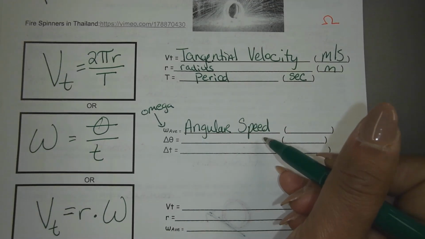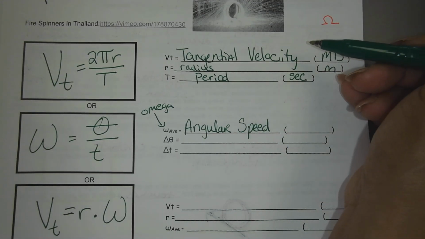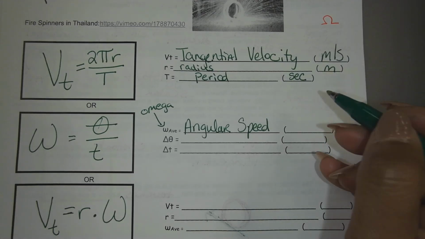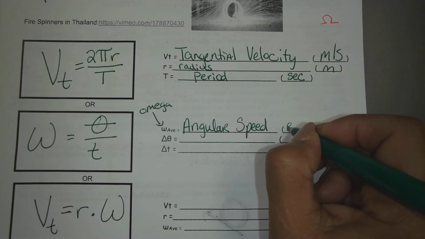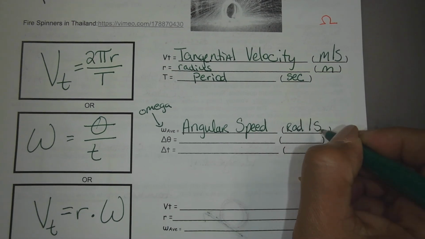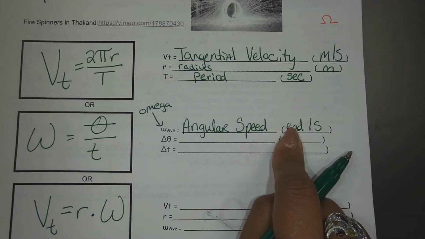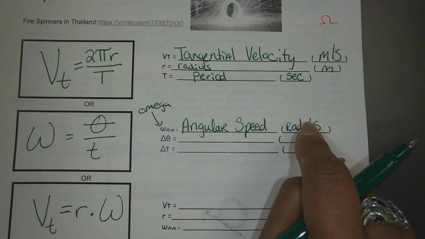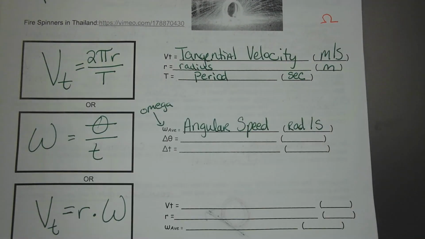But angular speed, even though it's really similar to tangent velocity, it actually does have a different SI unit. It's rad per second. But remember, rad is the same thing as distance in meters. So they're kind of the same, tomato, tomato.